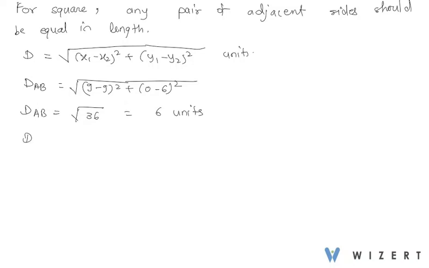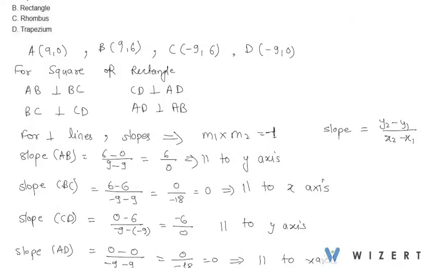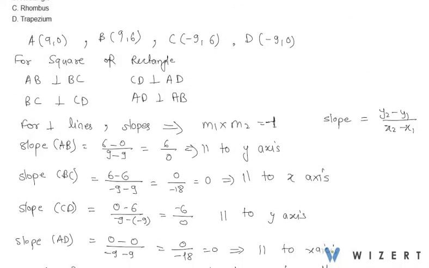Let's check the distance of BC, which is adjacent to AB. It will again be x1 minus x2 whole square plus y1 minus y2 whole square. So here x1 is 9, x2 is -9 and y1 is 6, y2 is 6.